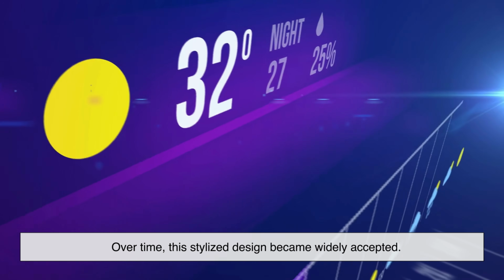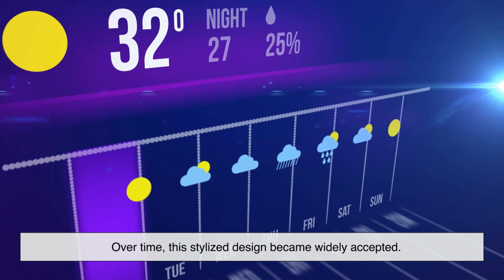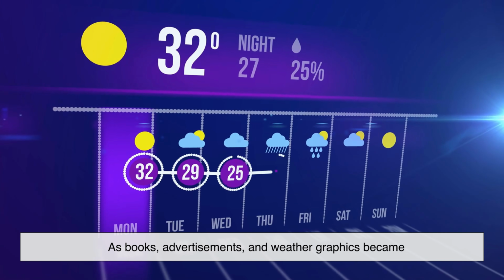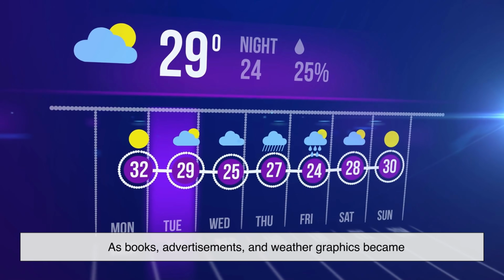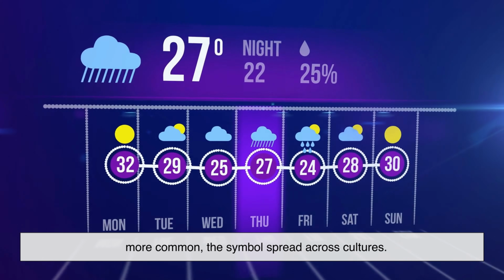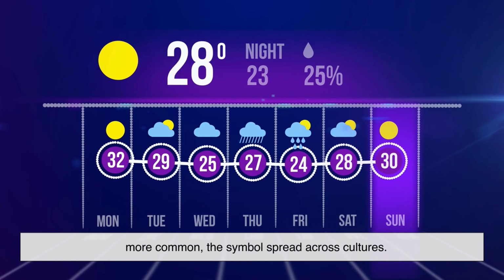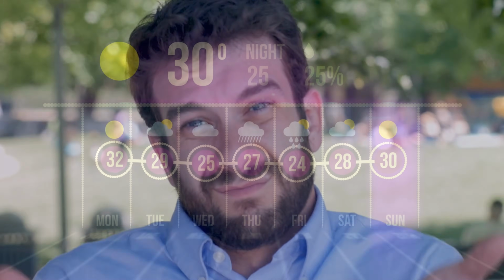Over time, this stylized design became widely accepted. As books, advertisements, and weather graphics became more common, the symbol spread across cultures. Eventually, the tear-shaped raindrop became so familiar that most people assumed it represented reality rather than artistic shorthand.